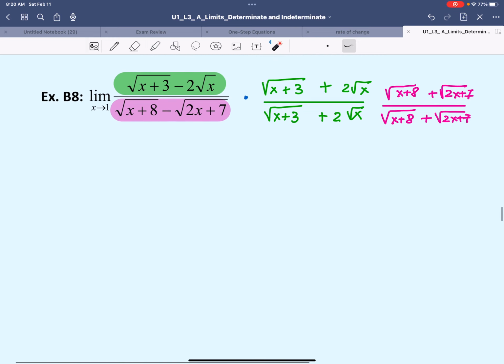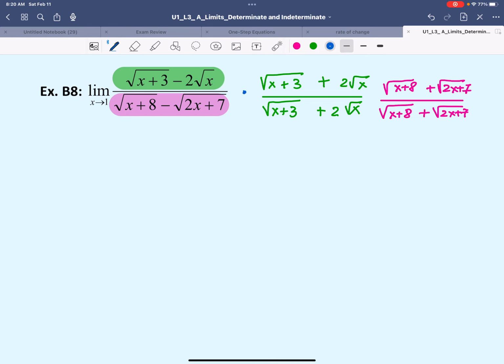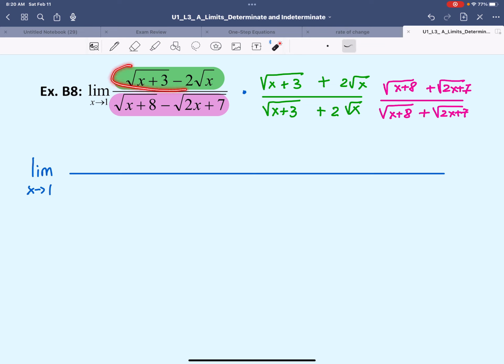Let's check and see how this will turn out now. So we're going to start simplifying. We'll write limit as x approaches 1, which we have to write all the time. Now I'm going to draw a long, long line because I'm going to have a big fraction here. So it's party time. We are multiplying the conjugates together.